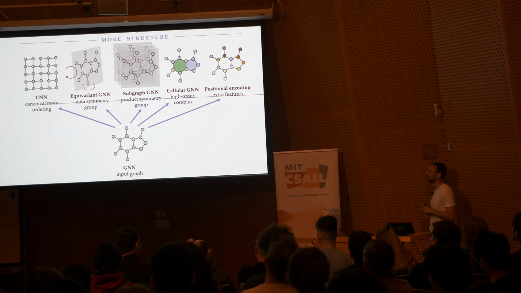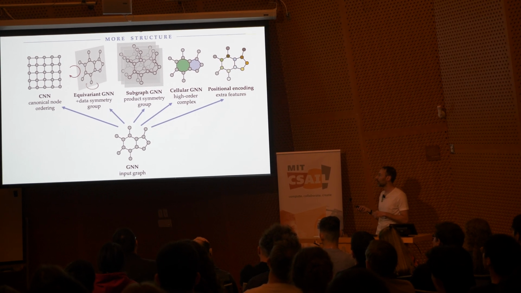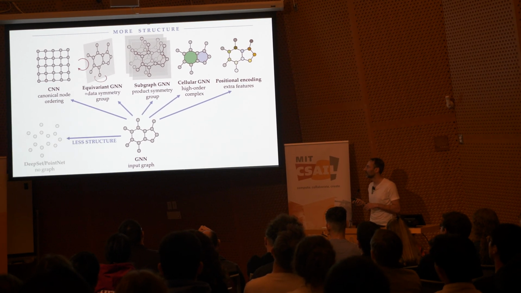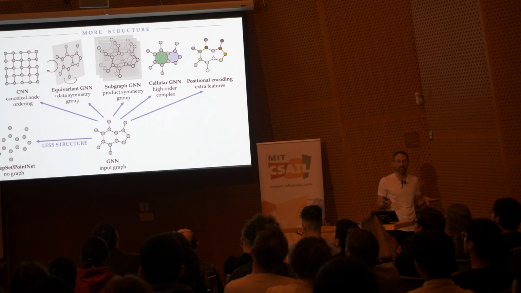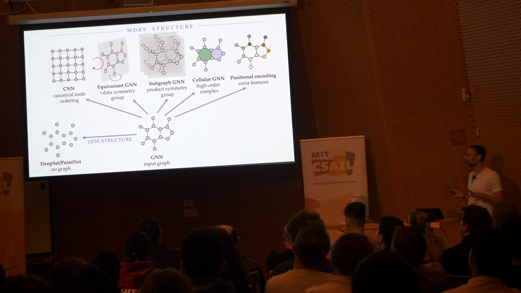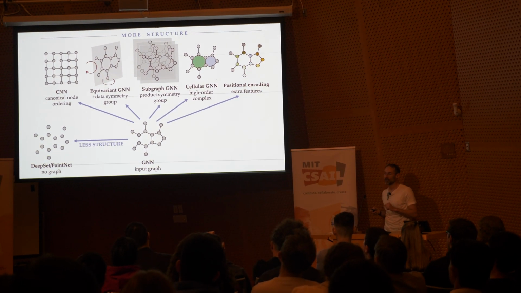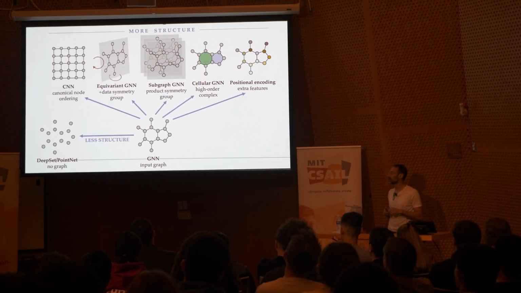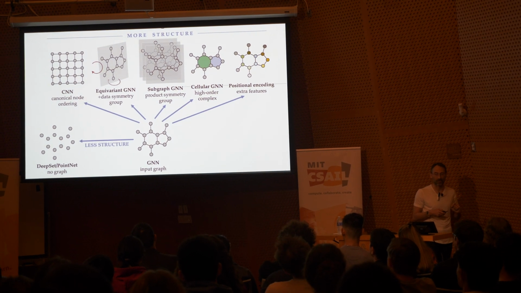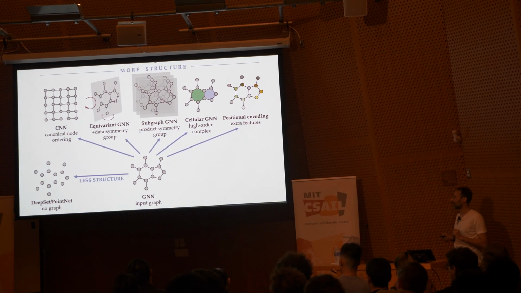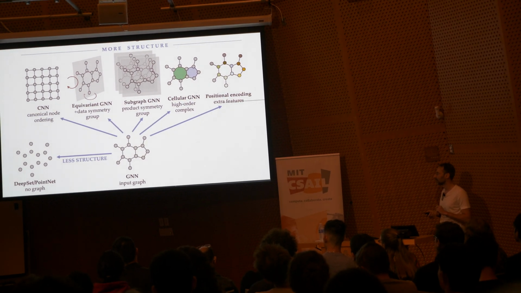The second way of looking at graph neural networks is how much we trust the input graph, right? So we can, in the most extreme case, completely disregard it, and now we have a set of points, or a point cloud, and in this case we still have permutation symmetry. So in this case, no node interacts with each other. We have some shared function that is applied to them.